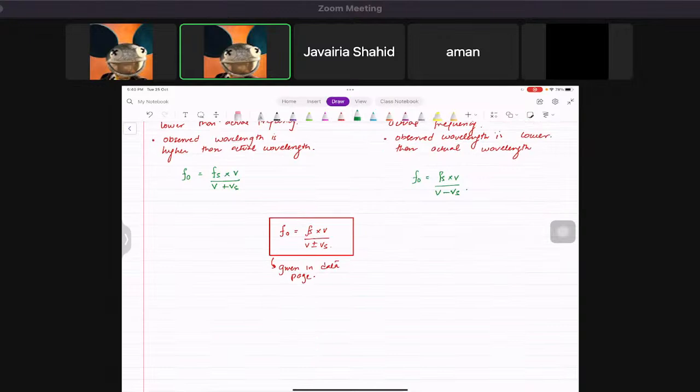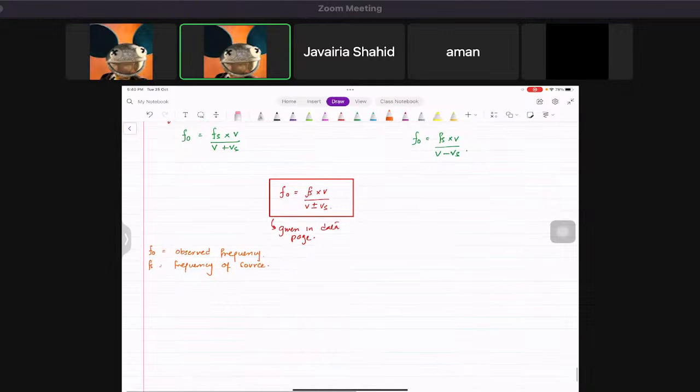Now let's write what these are. So F naught is basically the observed frequency, the one that the observer is basically receiving. Fs is the frequency of the source, that is the actual frequency that the source has.